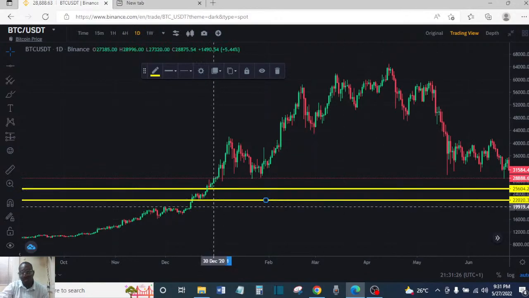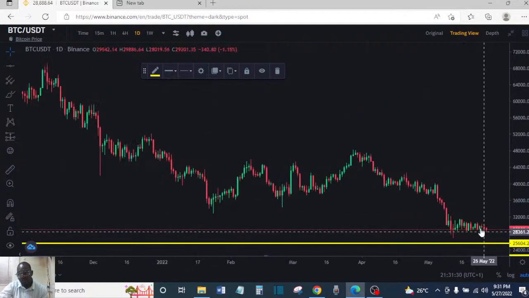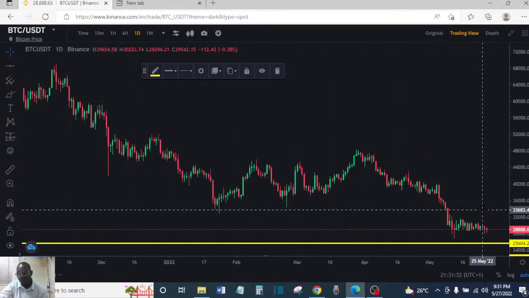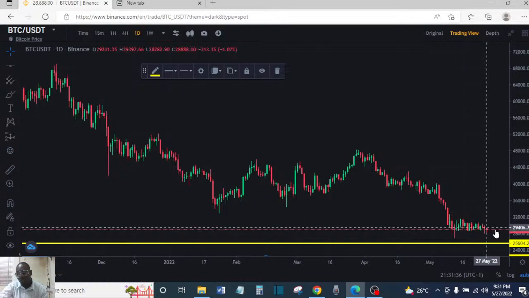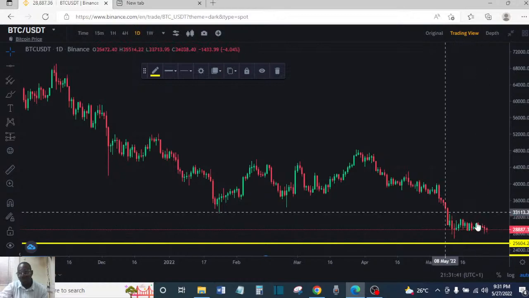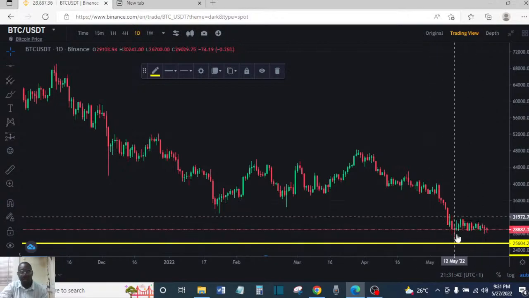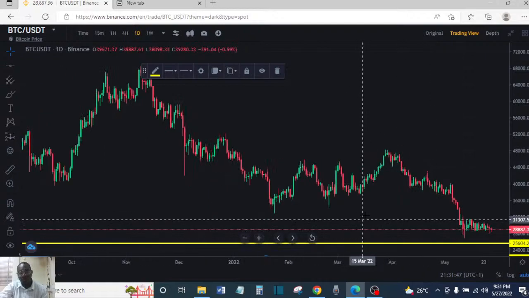In the meantime, we can expect price to clear these stops that are here, and that is why we are already having all these price actions.